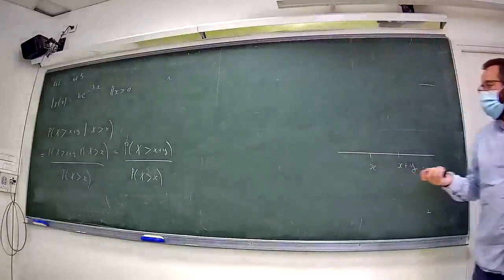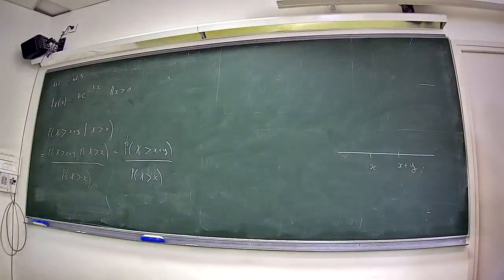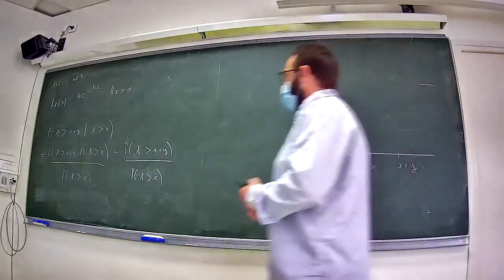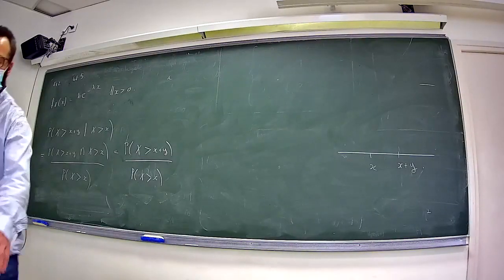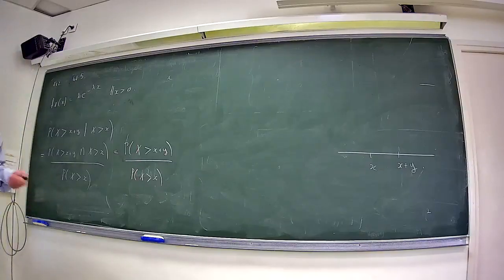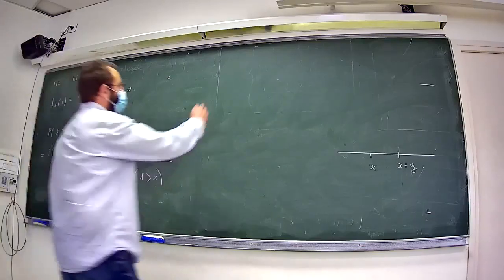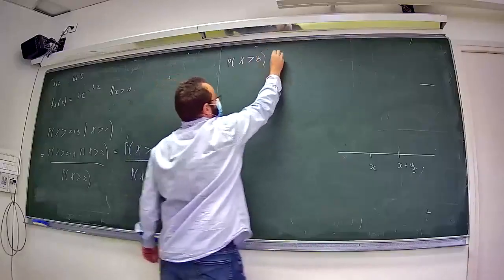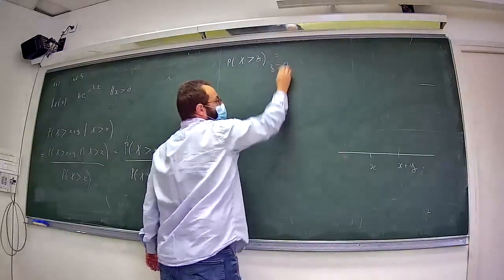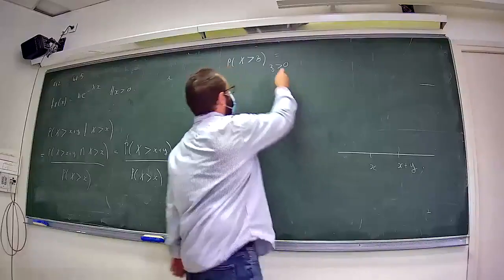In any case, I see that I need to compute the probability that X is greater than some z. After I will see what I will obtain. So it's exactly what we are going to do. For an exponential of parameter lambda, I am interested in the probability that X is greater than z, for z that is strictly positive, or greater than 0, whatever.